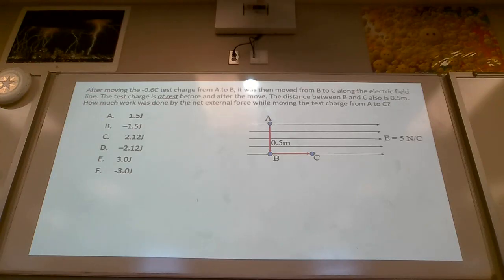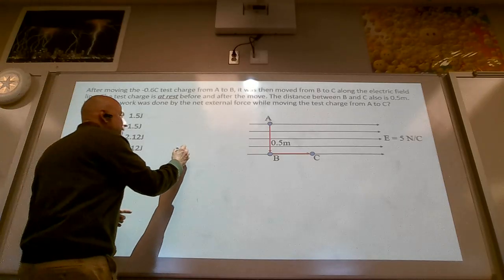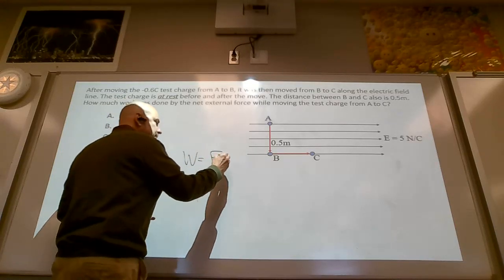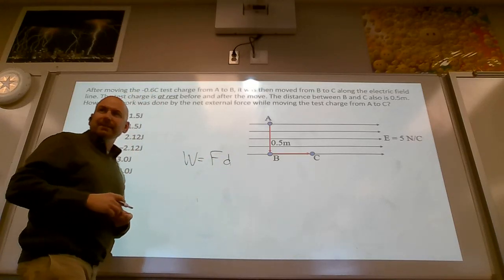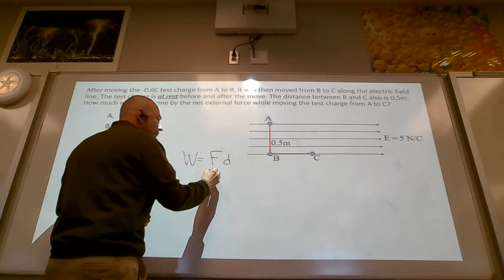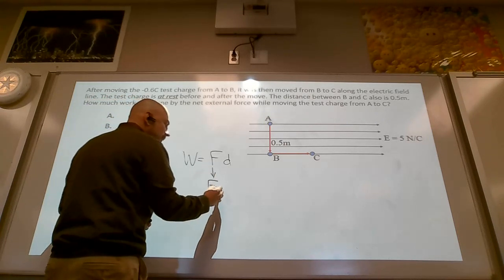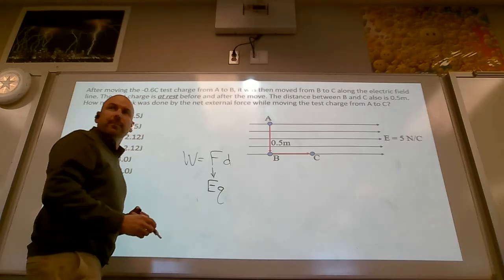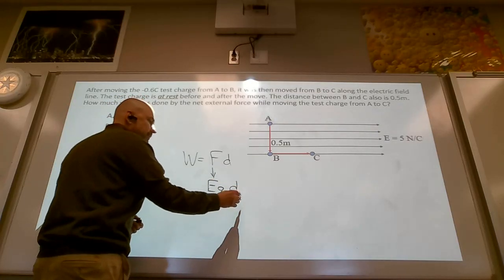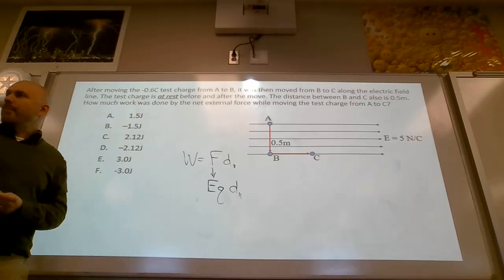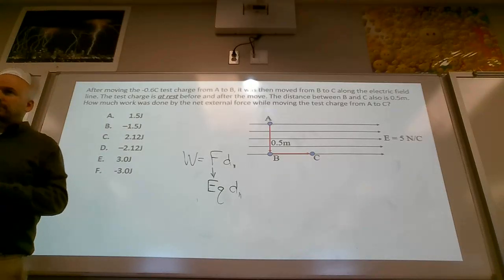The work done by the field would be negative 1.5 joules. Good with that? Okay. Just to walk you through this, we're still doing force times distance. We're just making the force the electric field times the charge, times the distance. Good?